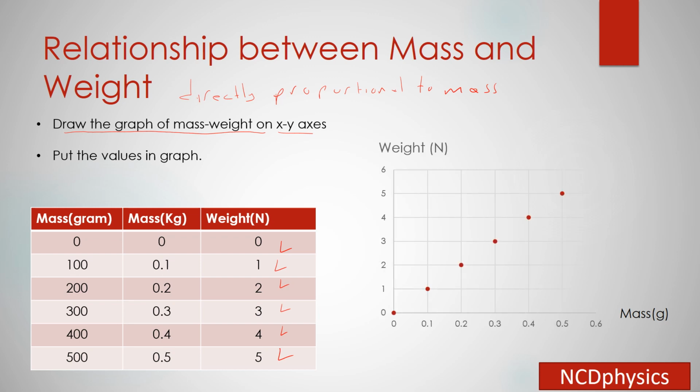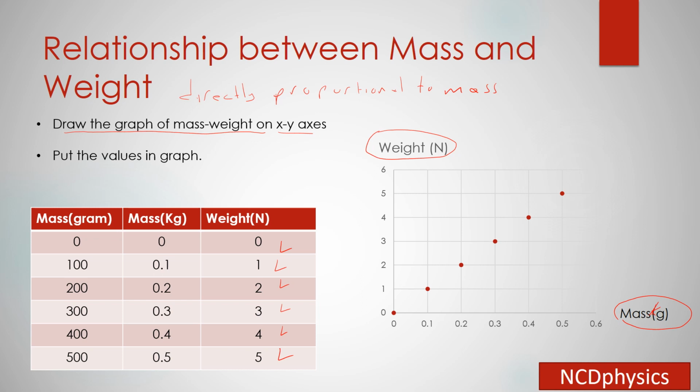So the x axis is the mass of the object, and the y axis is the weight of the object, which is in Newton. Mass should be in kilogram.